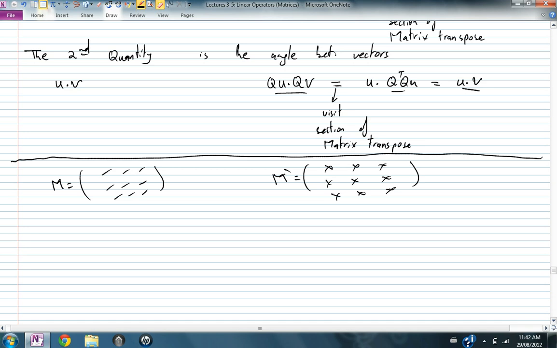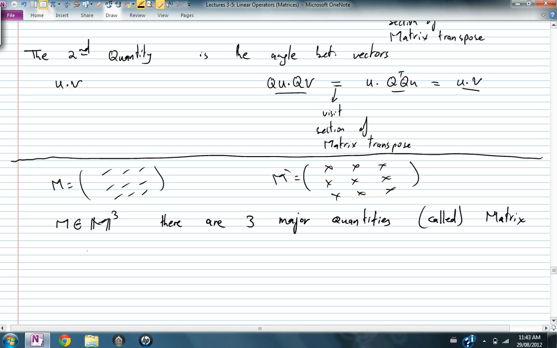Yes. When M is a 3 by 3 matrix, there are 3 major quantities called matrix invariants that do not change between coordinate systems.